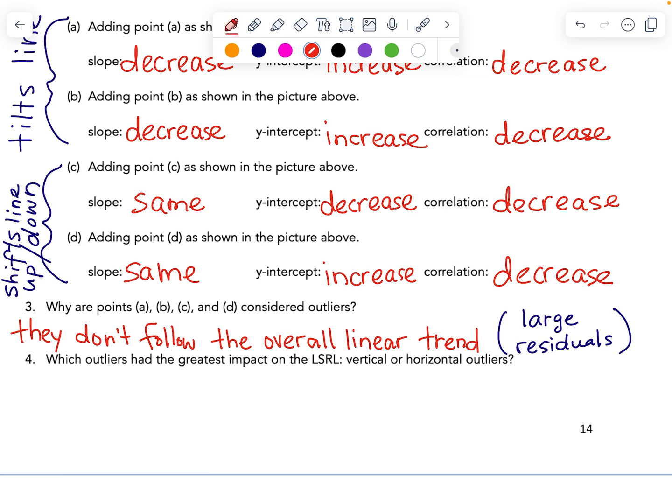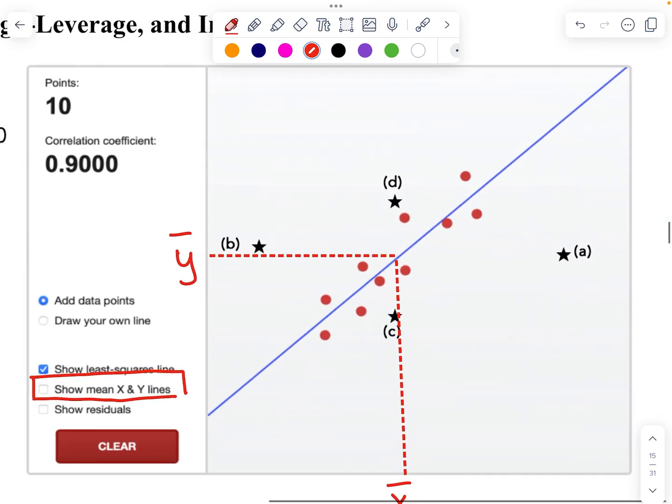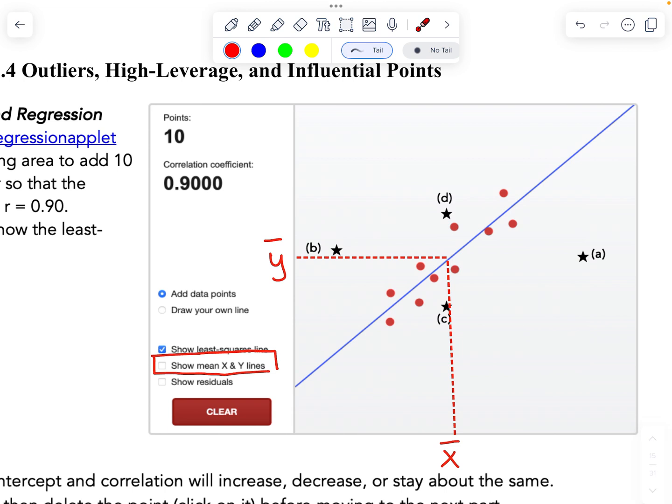Which outliers have the greatest impact on the LSRL, vertical or horizontal? Well, as I just discussed, these sort of vertical outliers that have large residuals vertically away, but are still very close to X bar, those barely change our model at all.